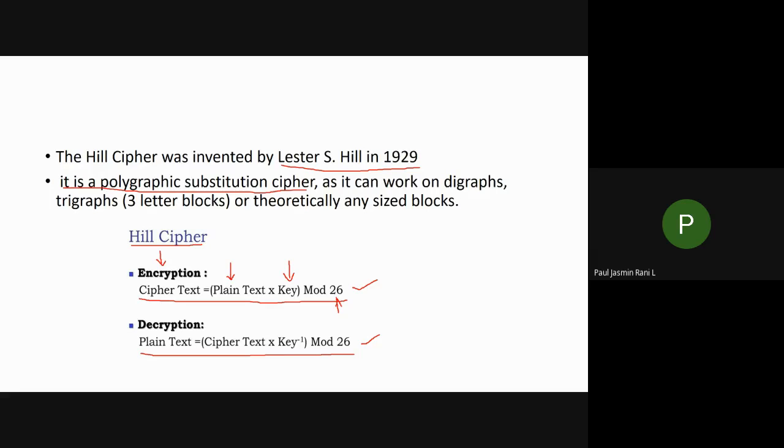If they include those special characters, then you have to increase this number accordingly. Let us assume that only 26 characters are included in your plain text, therefore I am going to use only 26.